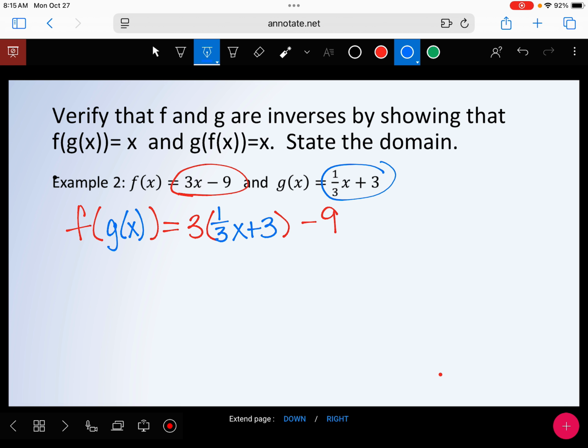Now, when you're asked to do this on the quiz Friday, you only have to do one composition. But for today, I'm going to do both because I want you to see both. So the first thing you would have to do is eliminate your parentheses. You're going to distribute.